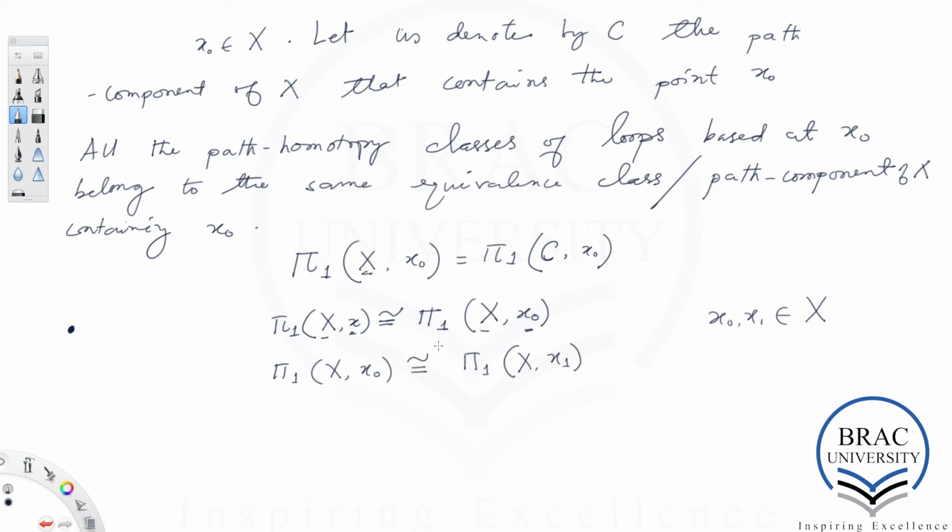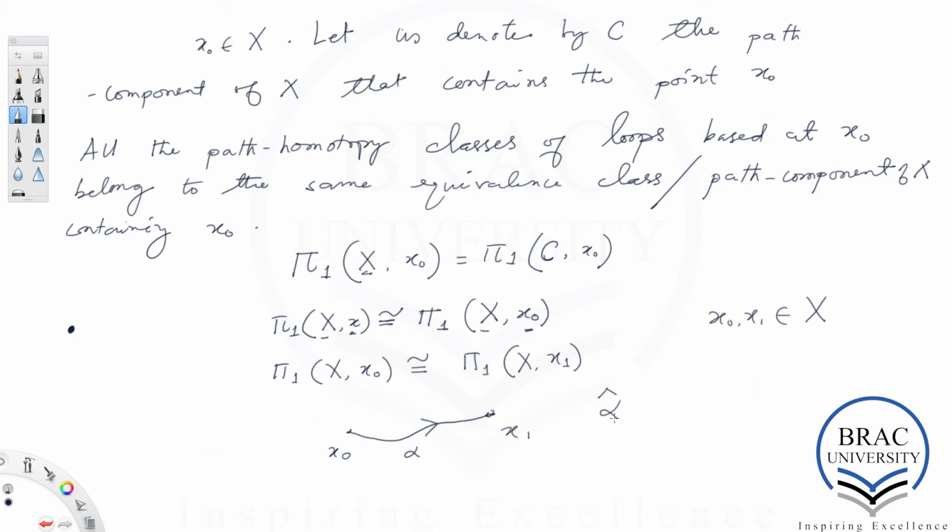But this isomorphism depends on the path chosen from x0 to x1. We have seen that if you take this path to be alpha, then that isomorphism is denoted by alpha hat.